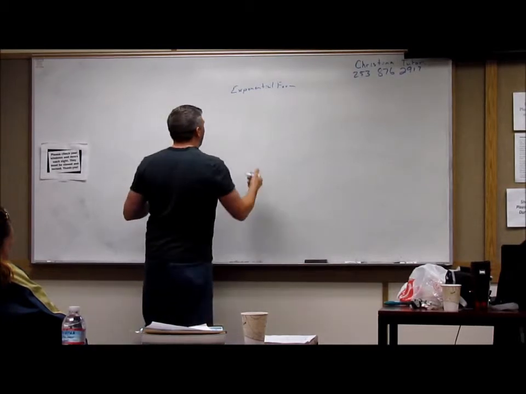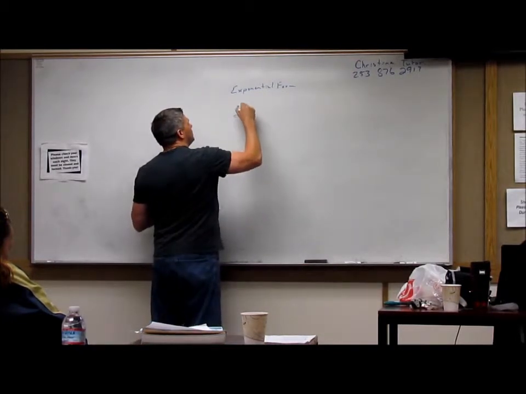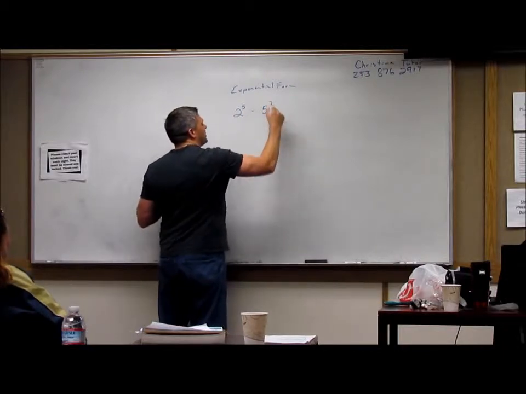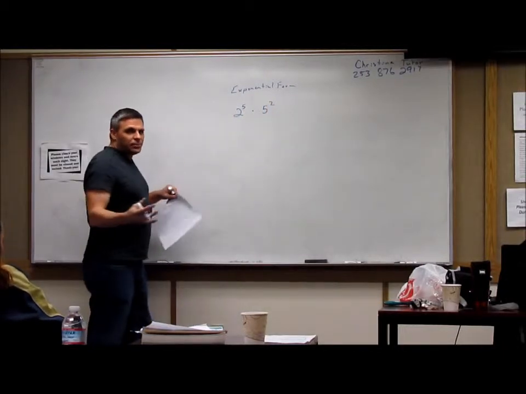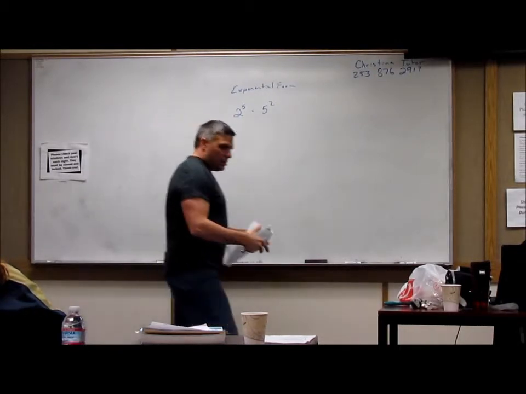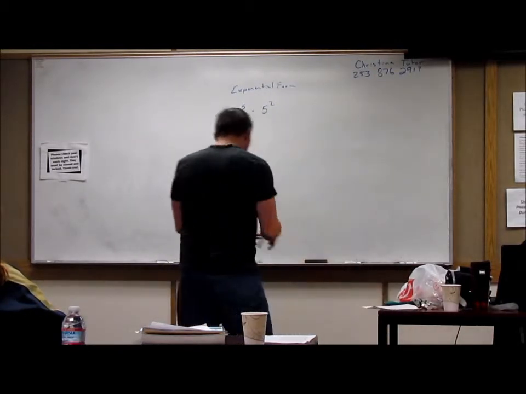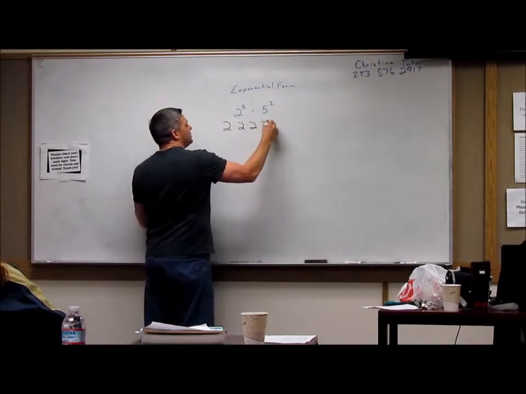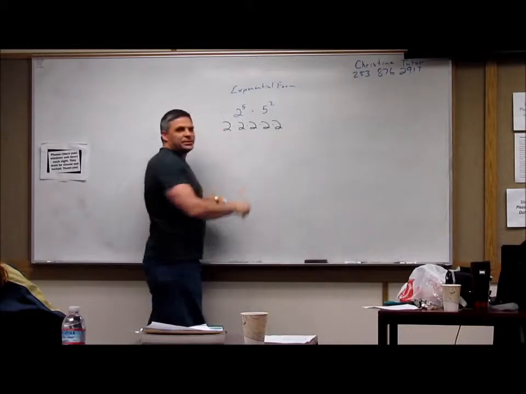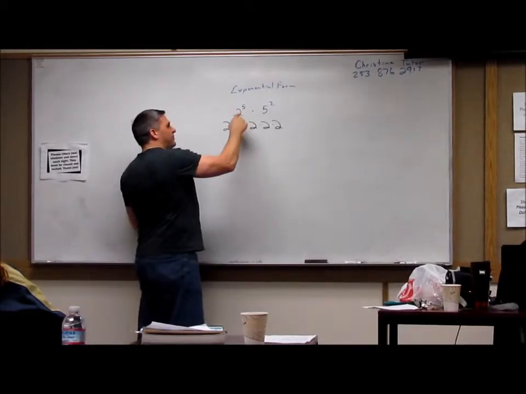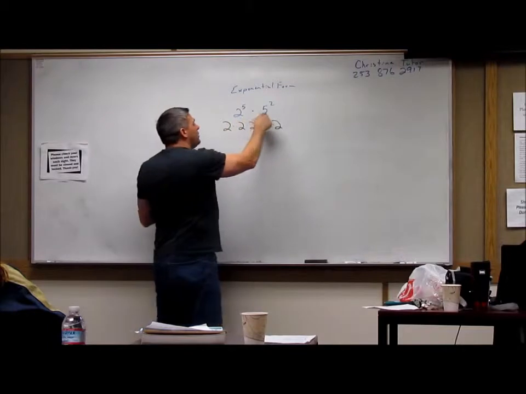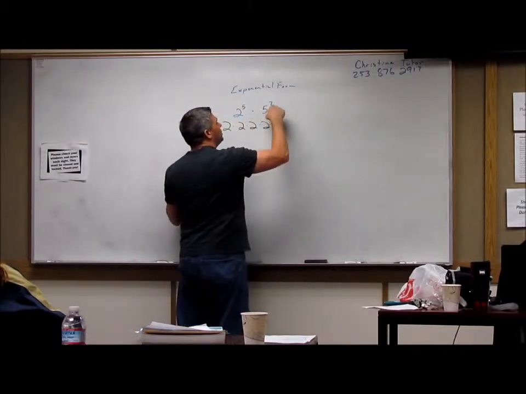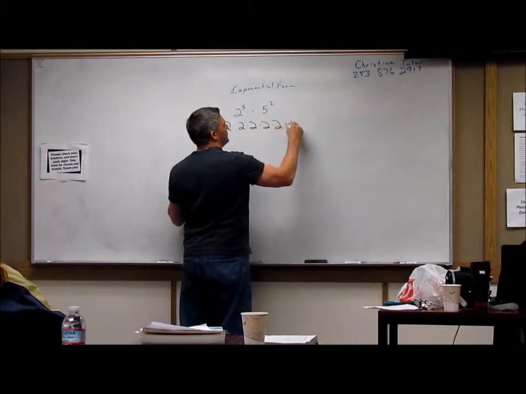So, if I have 2 to the 5th times 5 to the 2nd, what I really have is 2 times 2 times 2 times 2 times 2, or 5 twos. And what I really have here is 2 fives: 5 times 5.